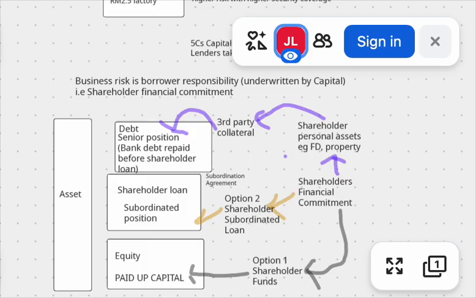That's your option 3. Okay, so this is what you need to know for exam, Paley, in terms of understanding the 3 examples of shareholders' financial commitment.